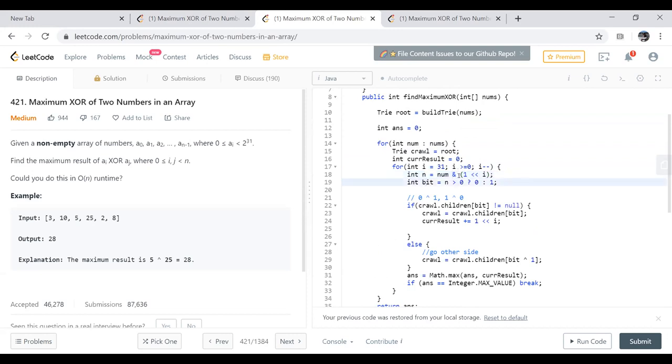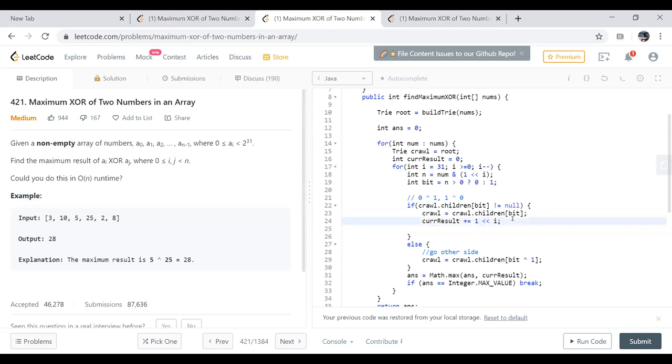If I have n greater than 0, that means I'm looking for a 0th bit in my tree. Otherwise, I'm looking for the 1 bit. The same thing I will do here. If my n was 1 or greater than 0, I'm looking for a 0th child here. If it is not null, then I'm updating my result. So this is what I'm doing.